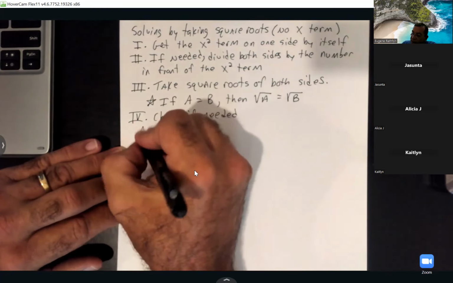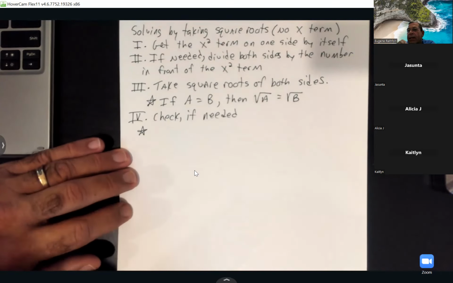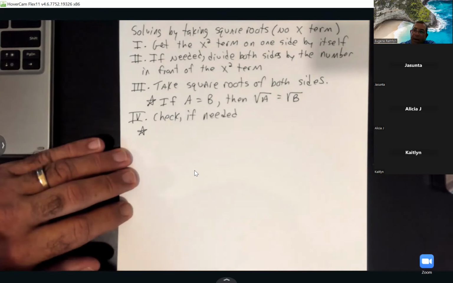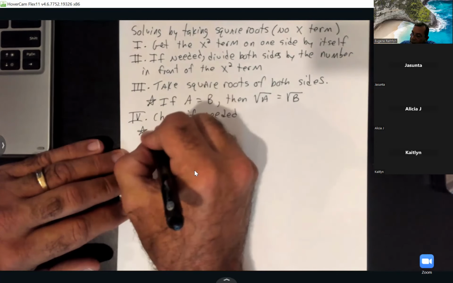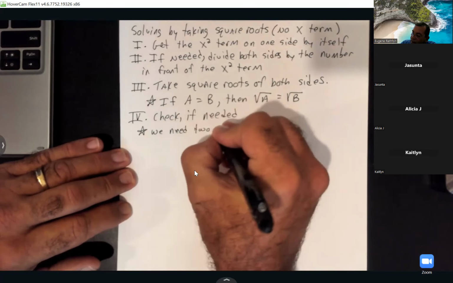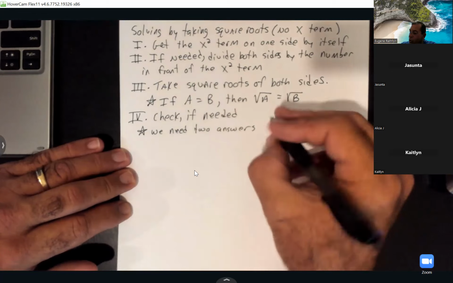Also in this section, remember, when I take the square root, I want the positive answers and the negative answers. So we need 2 answers when taking those square roots.